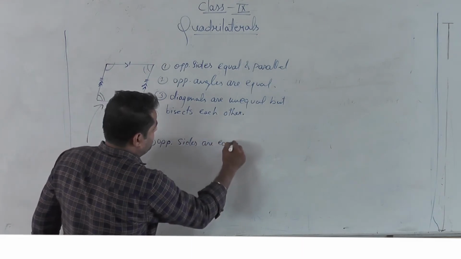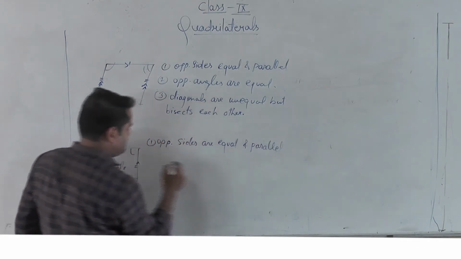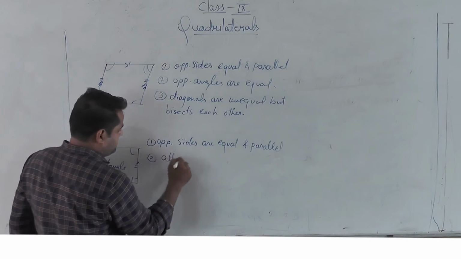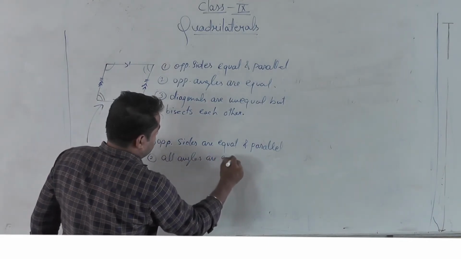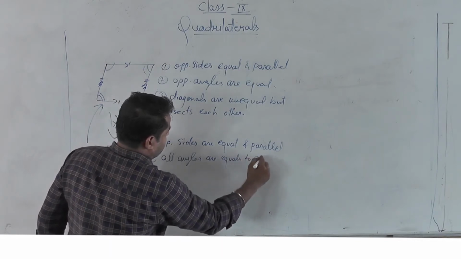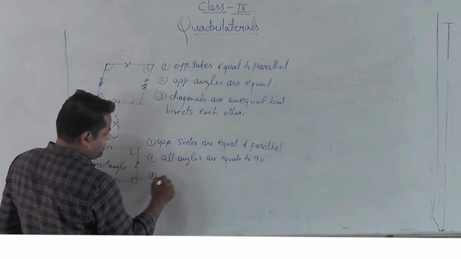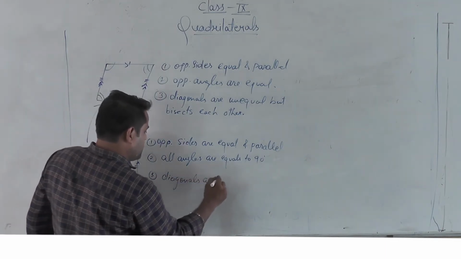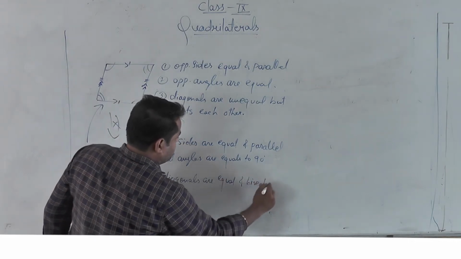As you can see, that first property is quite the same. Second thing, all angles are equal to 90 degrees, and the third thing is diagonals are equal and bisect each other.